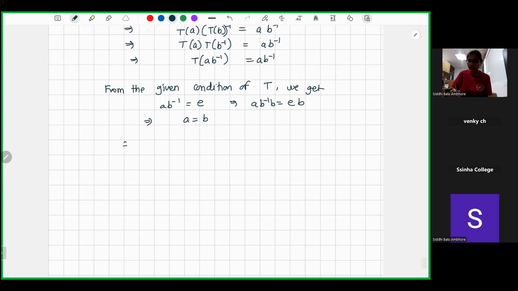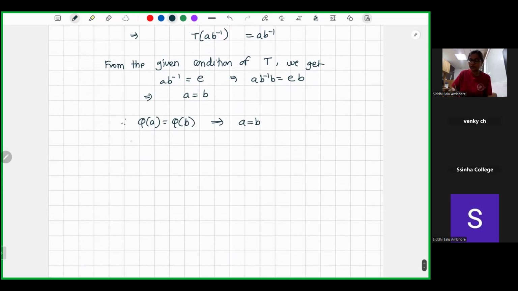So therefore, what I get is that phi of A is equal to phi of B implies A equals B. Therefore, I get that phi is an injective map.